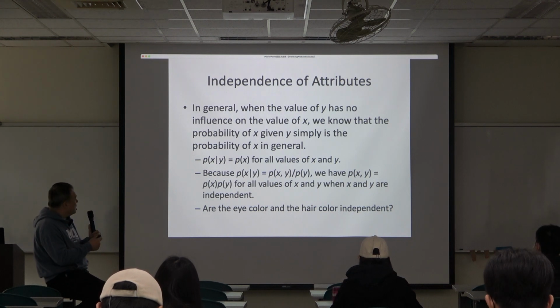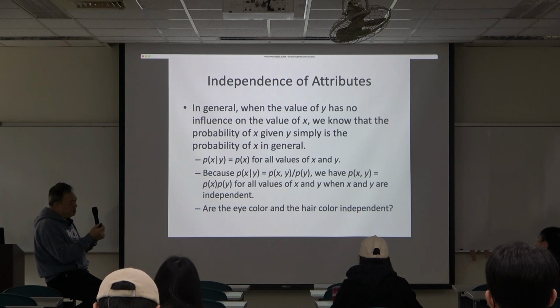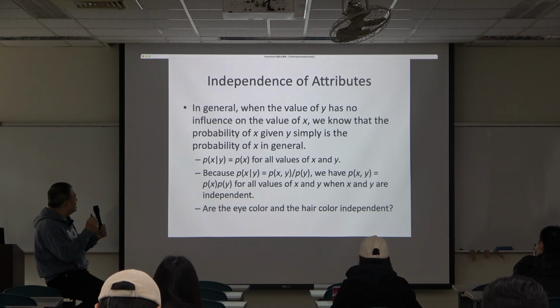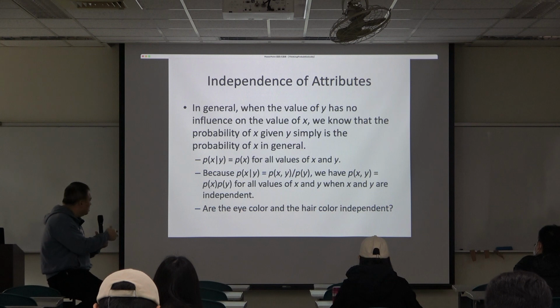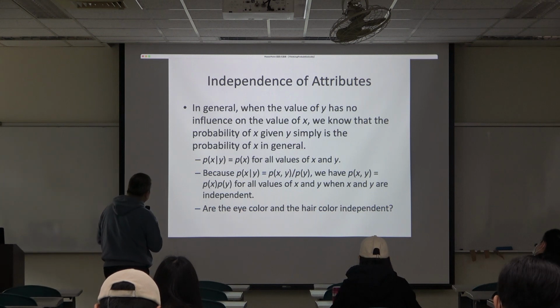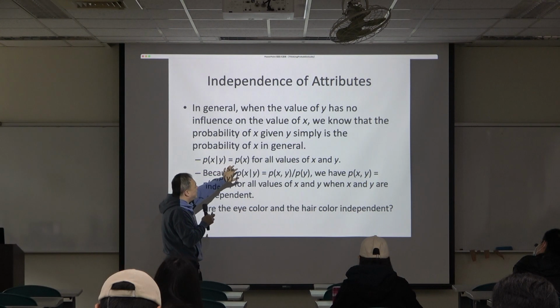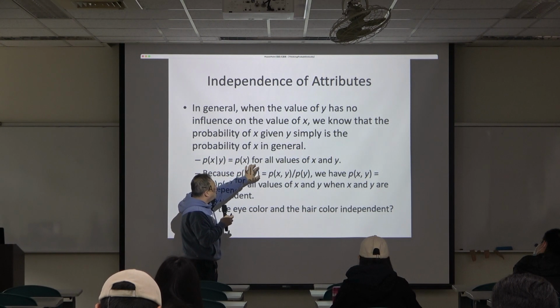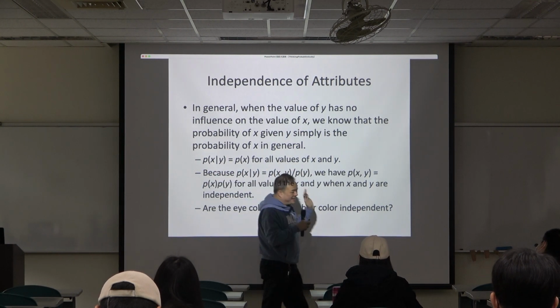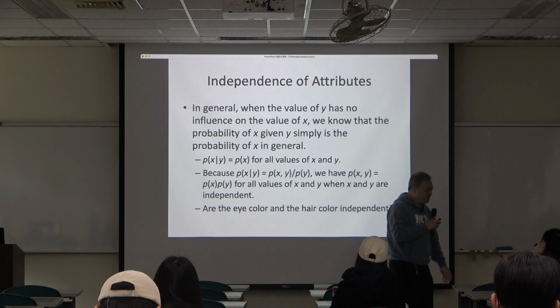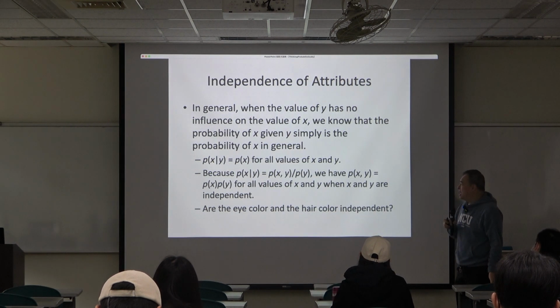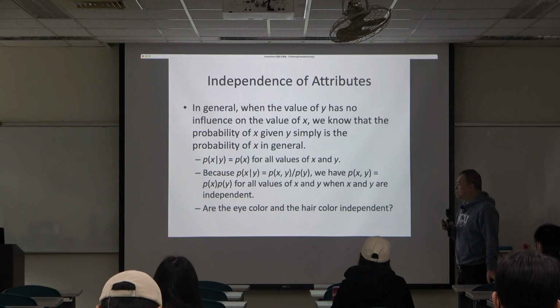When you condition x on y, but y has nothing to do with x and doesn't affect it in any way, then p of x on condition of y is equal to p of x for all values of x and y. If that's the case, then we say x and y are independent.